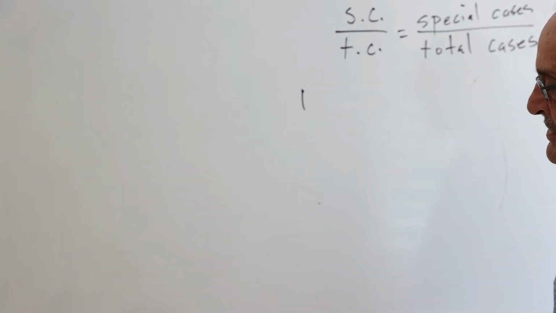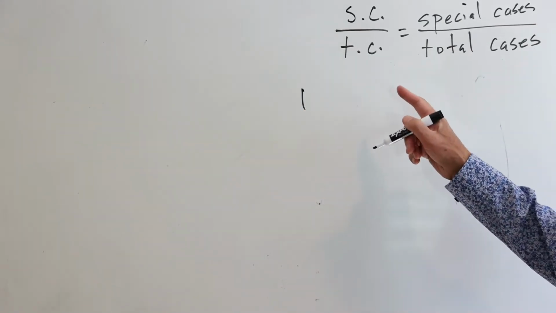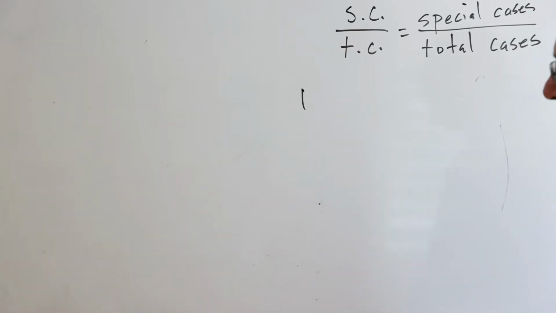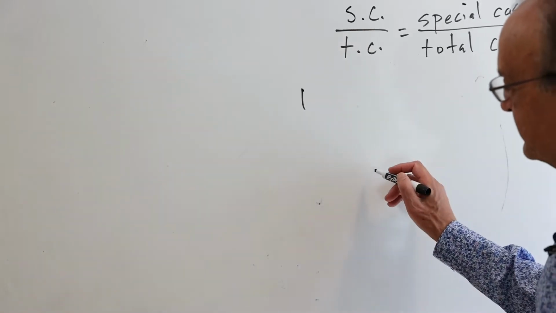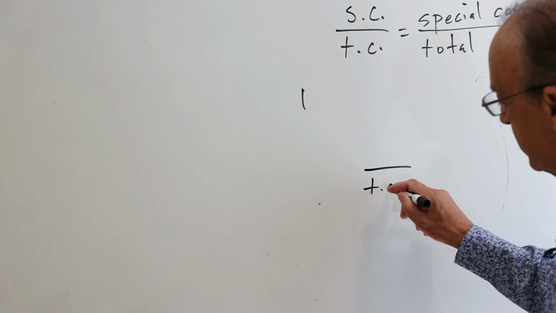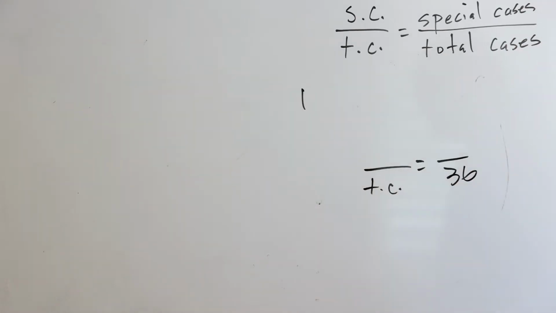Since the odds don't change, we can just focus on this case. And that means we only care what happens with the other 2 dice. And there's only 36 things that happen with 2 dice. So the special cases and the total cases, we now know the total cases is going to be 36. So it lessens our work.